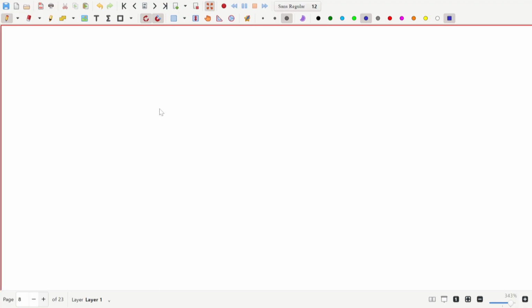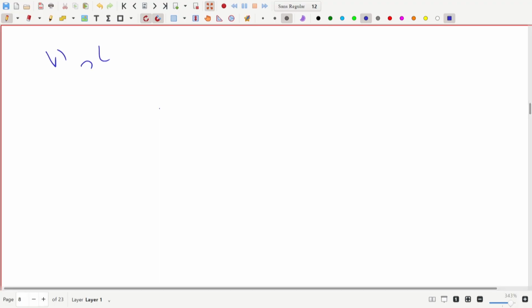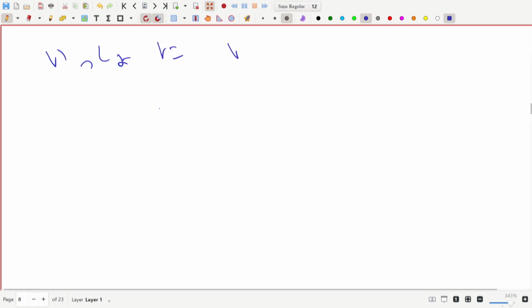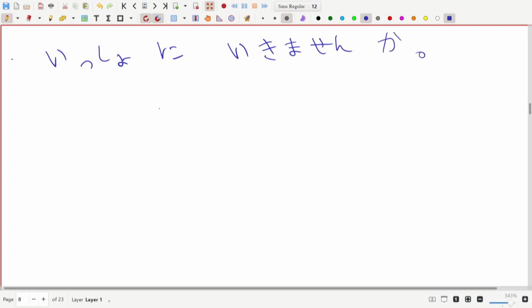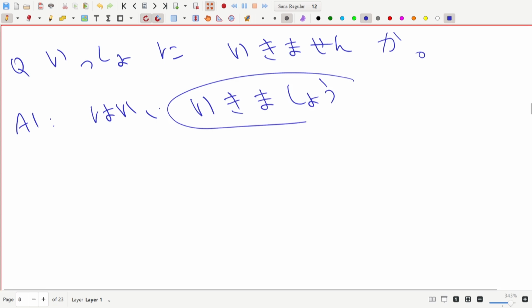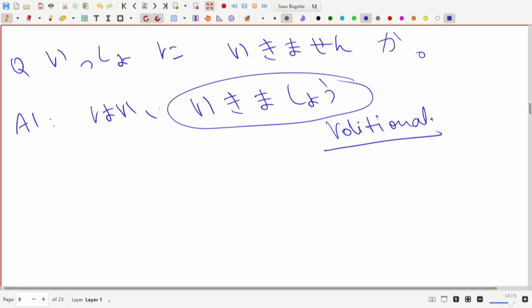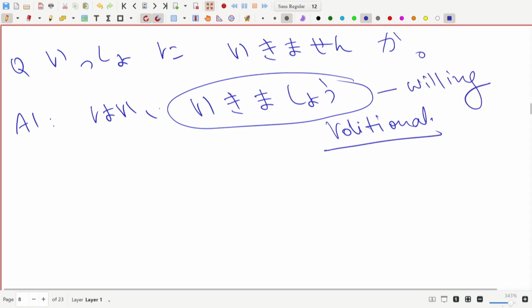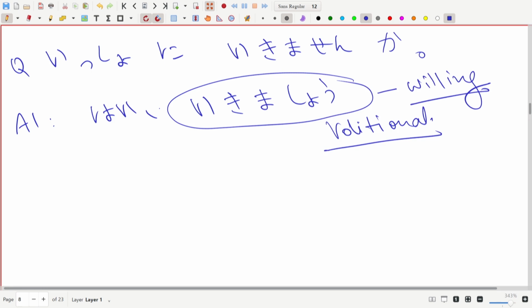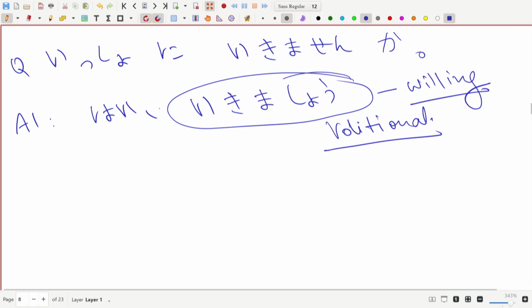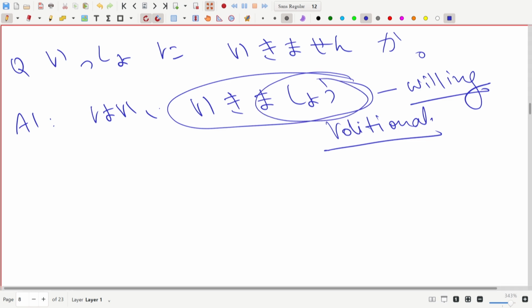So if this is the question, the answer would be first, "hai, ikimasho." Ikimasho is a volitional form of the verb, where you show your will, you are willing to do. That is called volitional form, and that is ikimasho. You change from mas to masho.